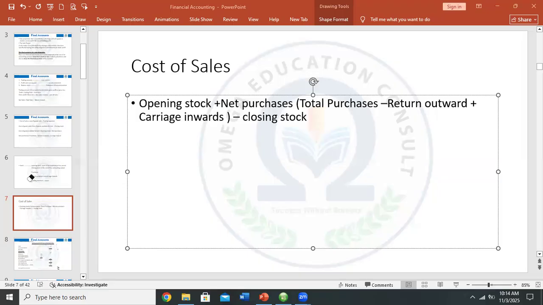The point I'm trying to make is that if you want to calculate your cost of sales, begin with the opening stock. So the 10 notebooks you had at the beginning, that is the opening stock. Add what you bought from Kotokraba Market during the period, that's the purchases. And then less return outwards.